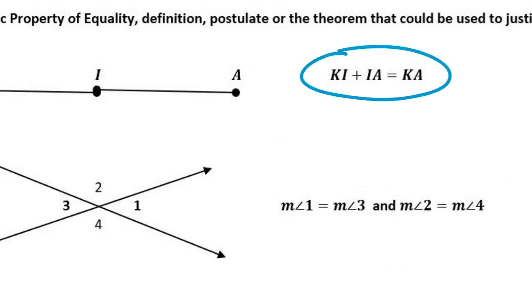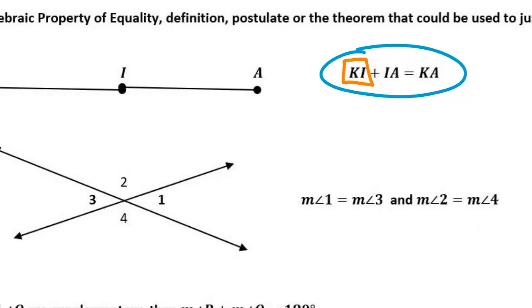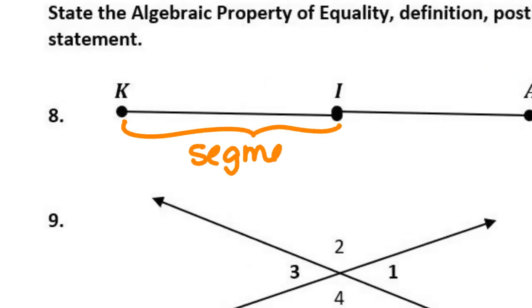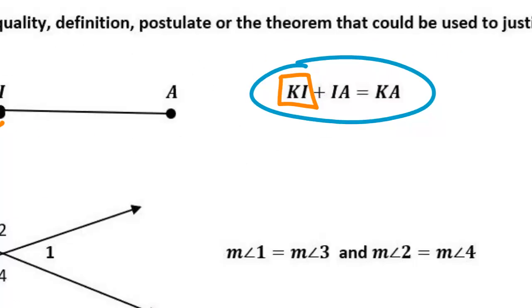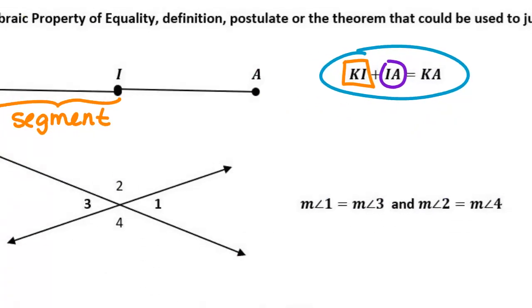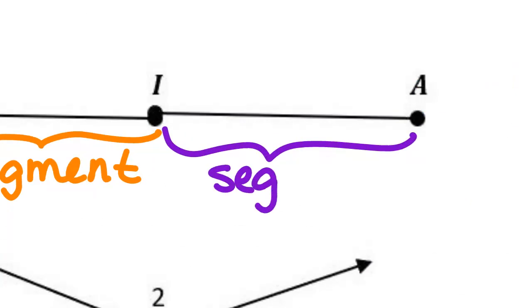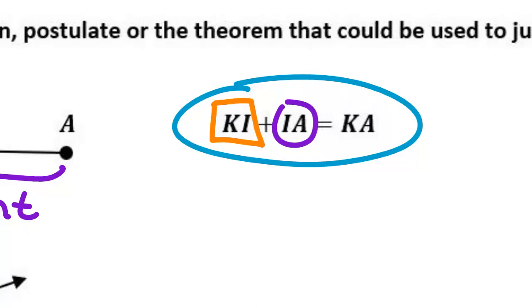So here's my statement. What is KI? It's a segment. What is IA? That's another segment. In the equation, what are we doing with those two segments?